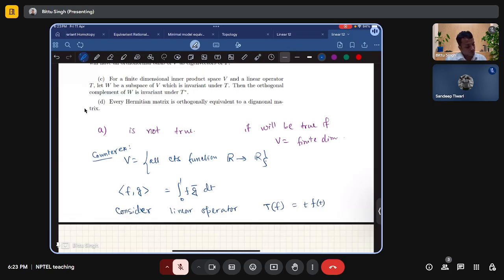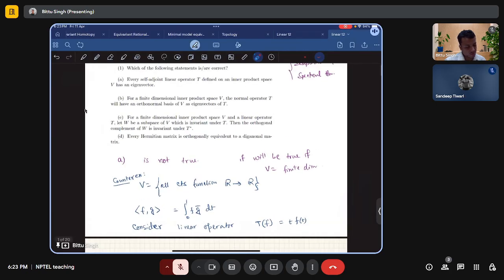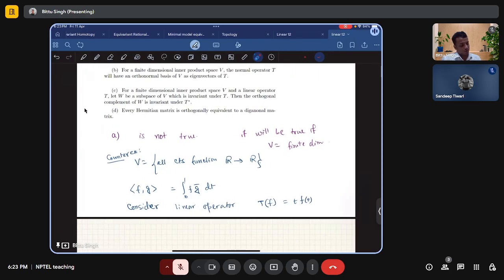If we consider this linear operator, then we can see that T has no eigenvalue, but T is actually a symmetric, self-adjoint operator, because what is T star?